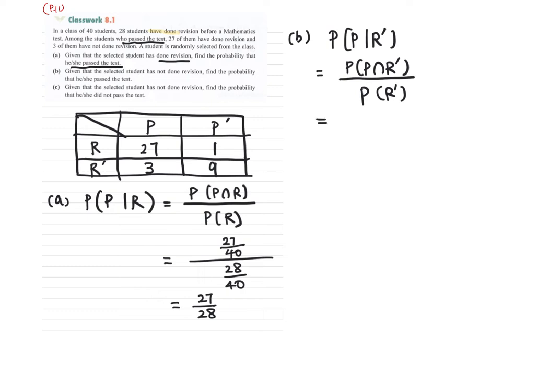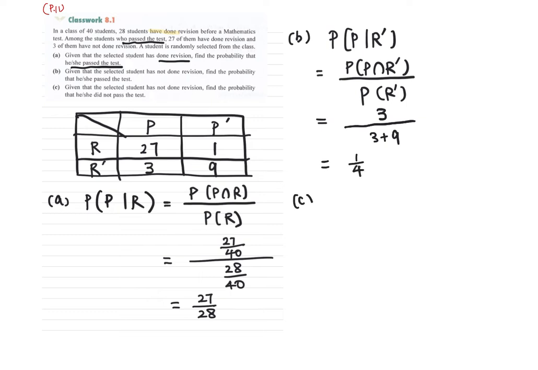Of course, if you find the total number of students, you can also use that number. That is 3 plus 9 altogether, and the probability of both have passed and not done the revision is 3. So this is 3 over 12, so it's 1 over 4 in this case.